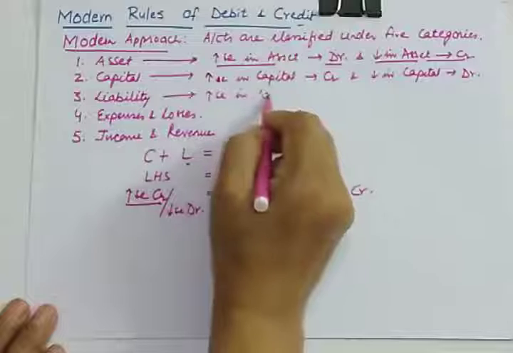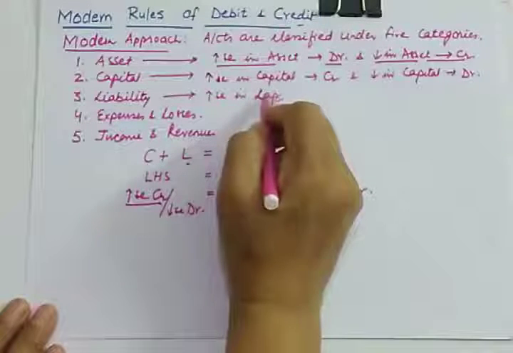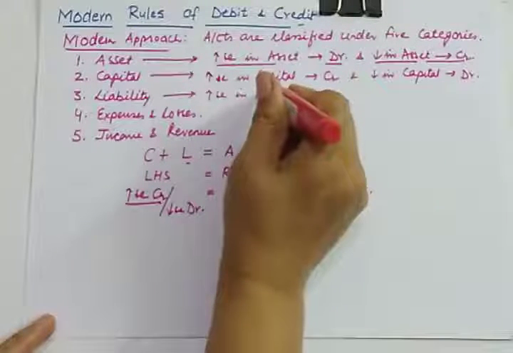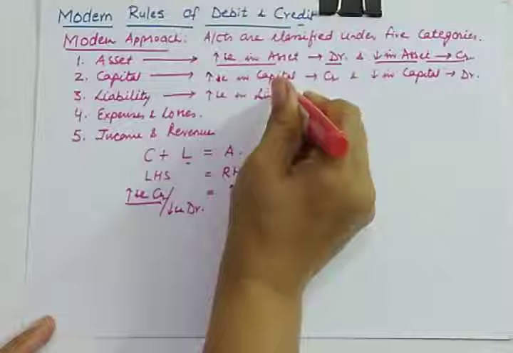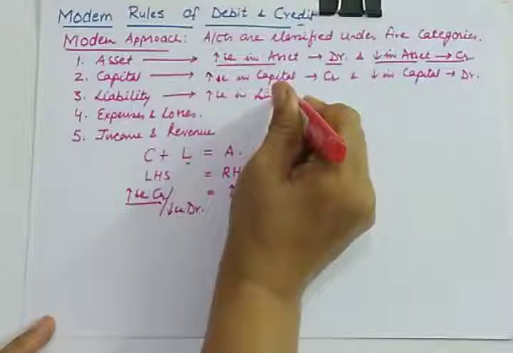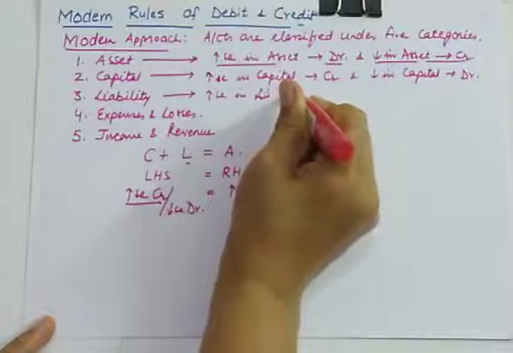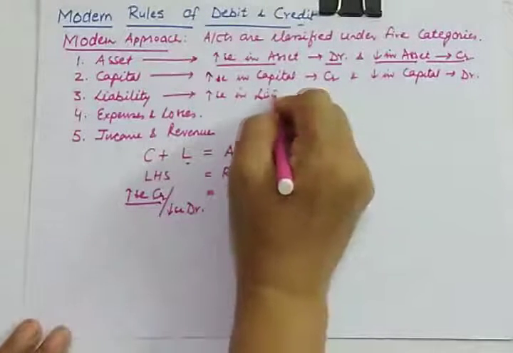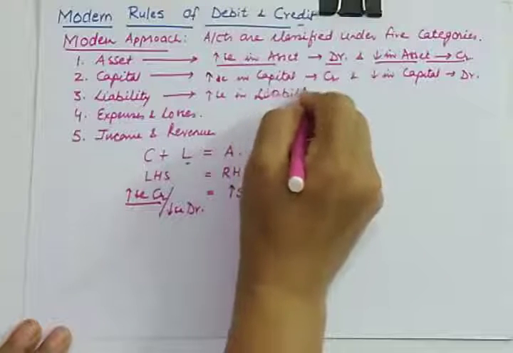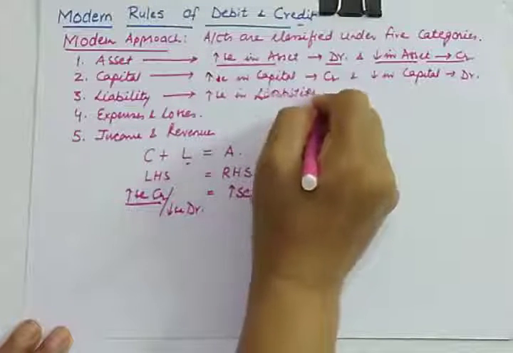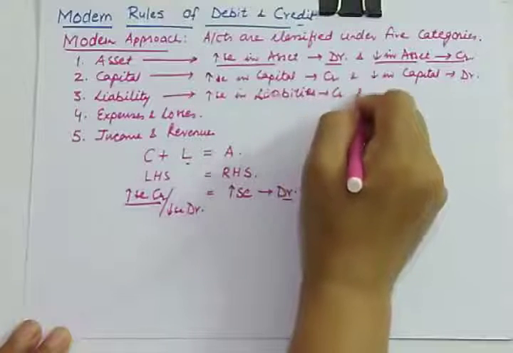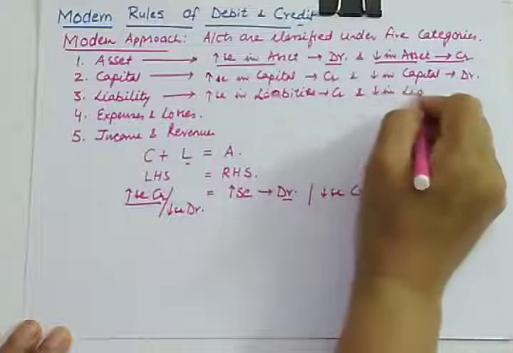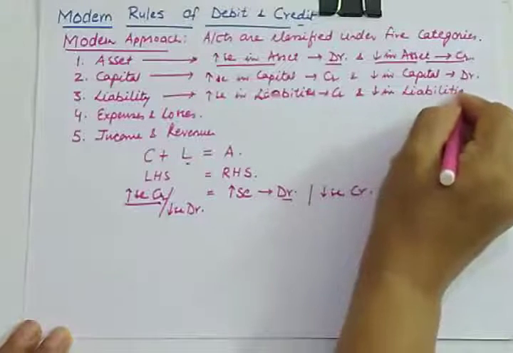Increase in liabilities will be credited, and decrease in liabilities will be debited.